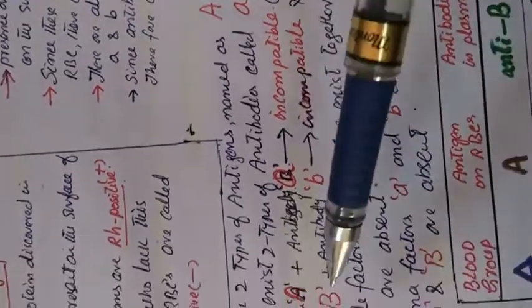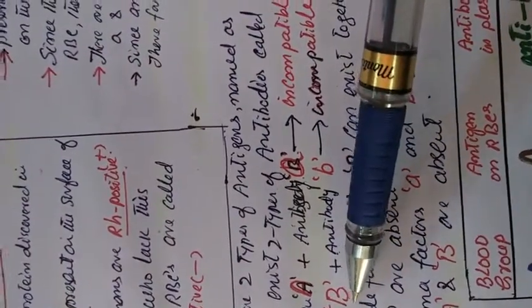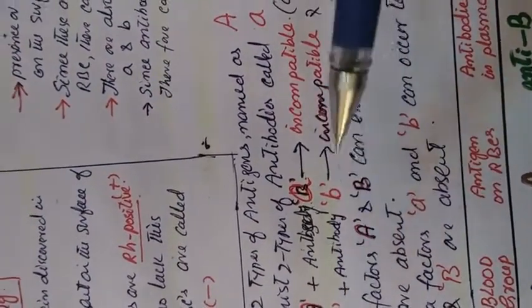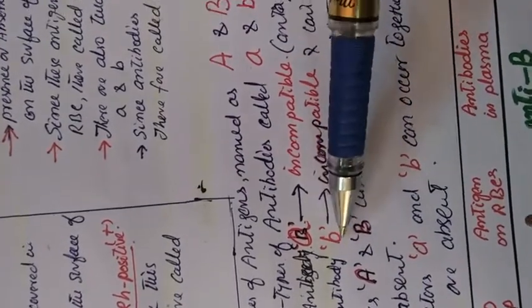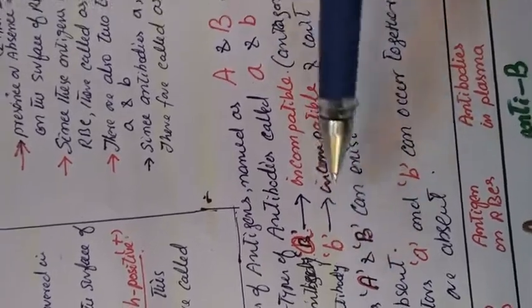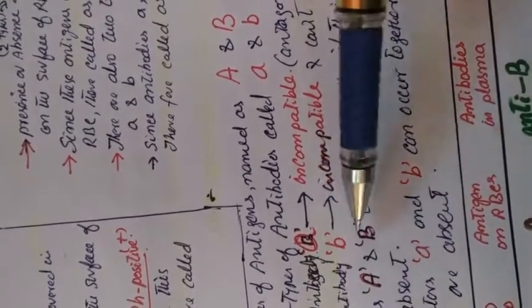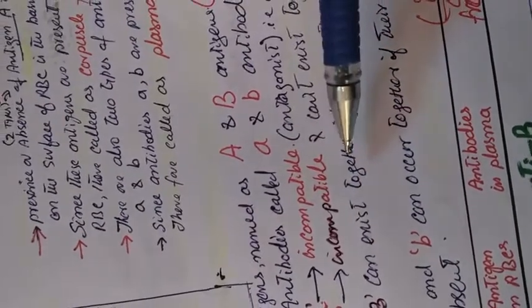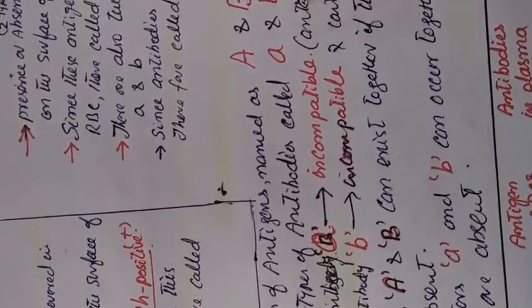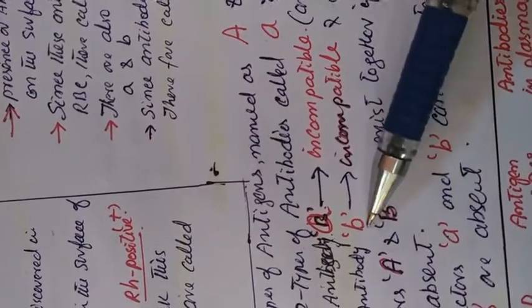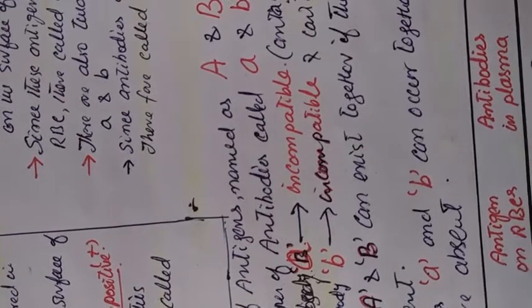Similarly, if a person has antigen B on the red blood cells and it is mixed with blood from another person having antibody B, these are also incompatible and can lead to agglutination and clumping of the blood. Thus antibody A and antigen A can never exist together. Similarly, antibody B and antigen B also cannot exist together.